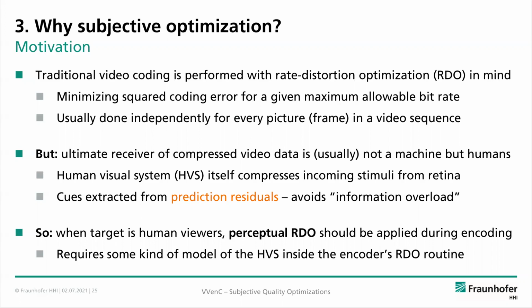So when the target is human viewers, we should basically use some kind of perceptual rate distortion optimization instead of traditional optimization. This, of course, requires some kind of model of the human visual system inside the encoder's rate distortion optimization routine.